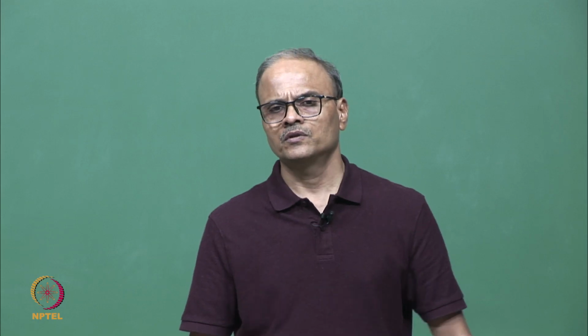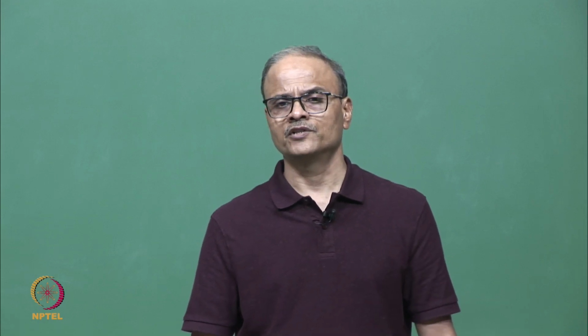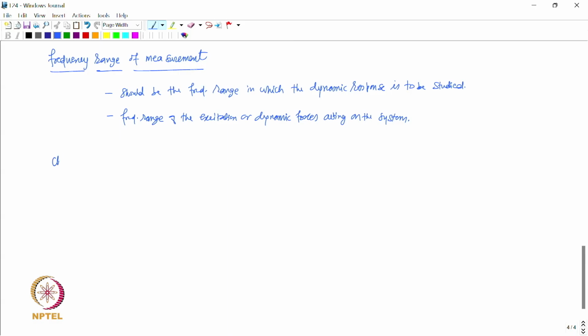So, another issue that we need to decide is what are the measurement points, right. The choice of measurement points. So, the measurement points depend upon again what is the purpose of the model test.